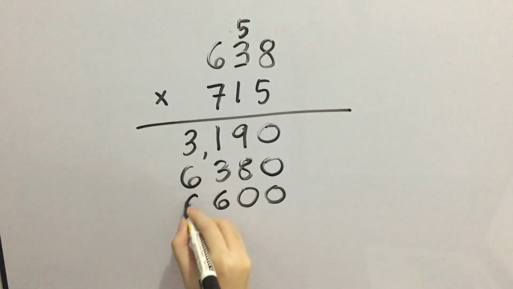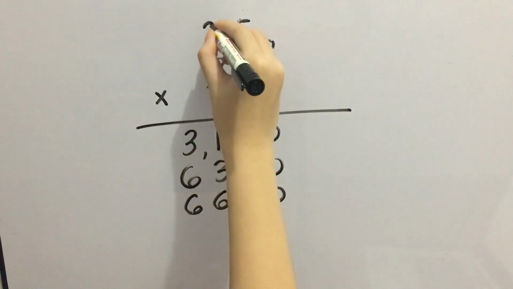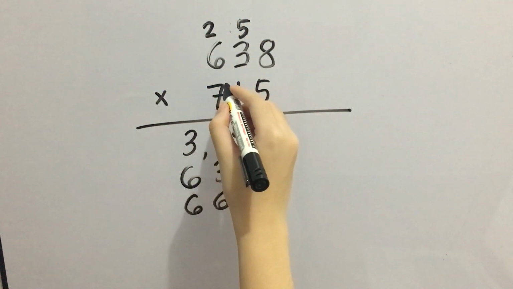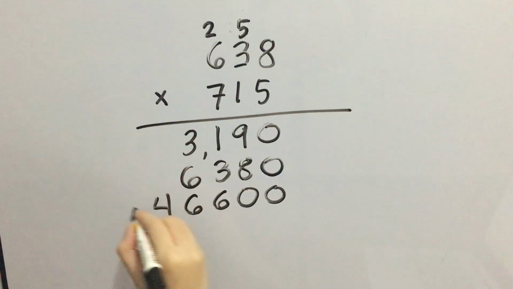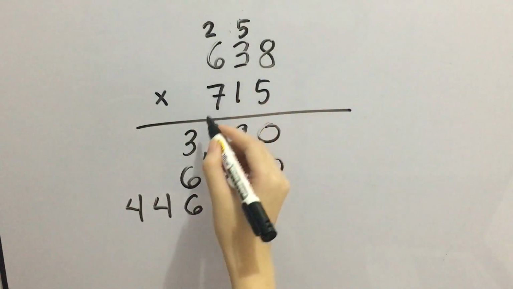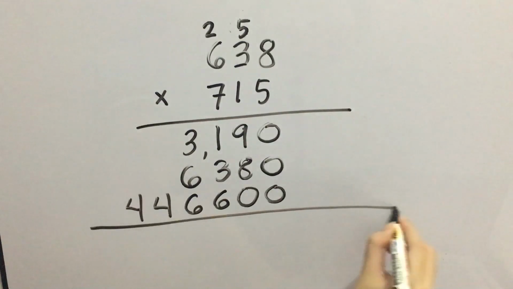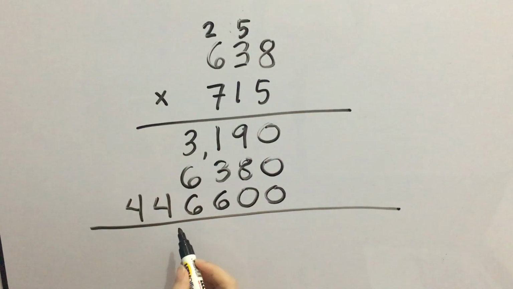We write 6 in the thousands column and carry 2 in the hundreds digit of the multiplicand. 7 times 6 equals 42 plus 2 equals 44. What do we get when we multiply 638 by 700? Great! The answer is 446,600.